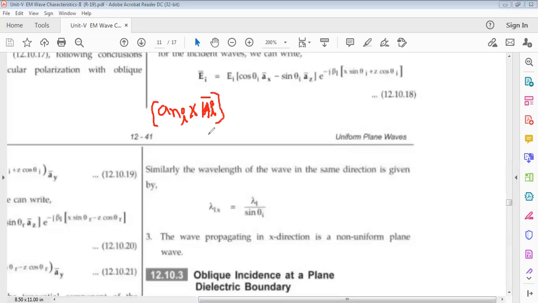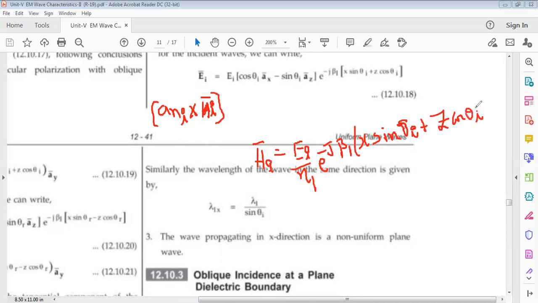HI bar, we already got, is equal to EI by eta 1, e power minus j beta 1 into x sine theta I plus z cos theta I, into AY bar.